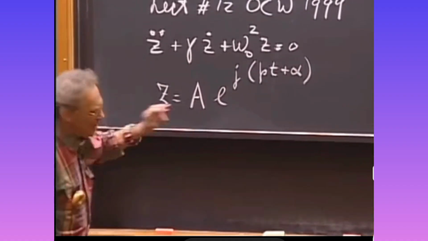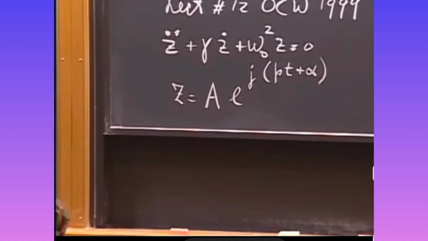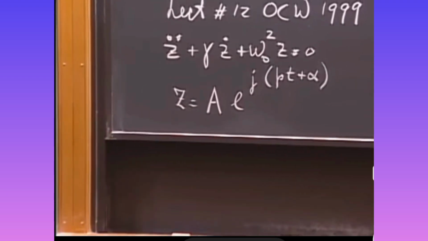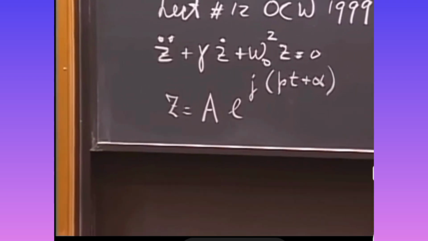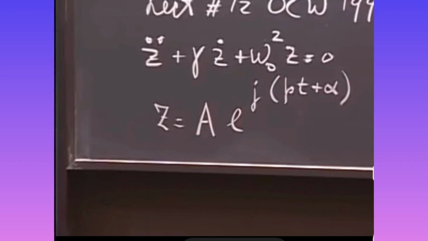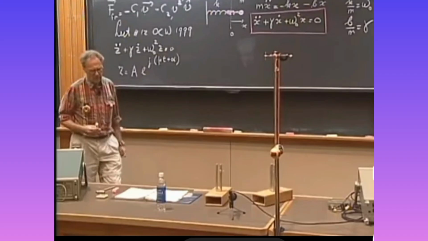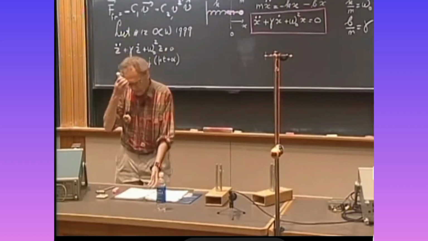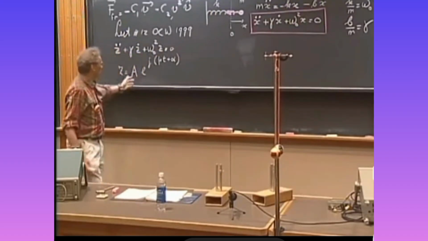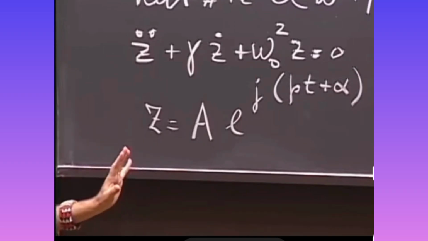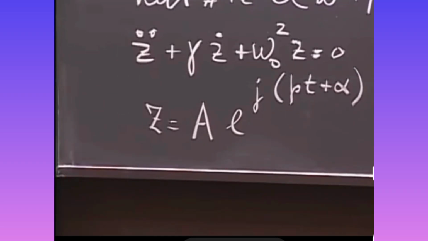Now clearly this has the smell of an amplitude, and this here has the smell of a frequency. Anything e to the power j pt has the smell of a frequency. But you will see that you're in for a surprise, what happens with this p. Once we have found the proper solution to z, we take the real part and we are in business. Then we go back to x.